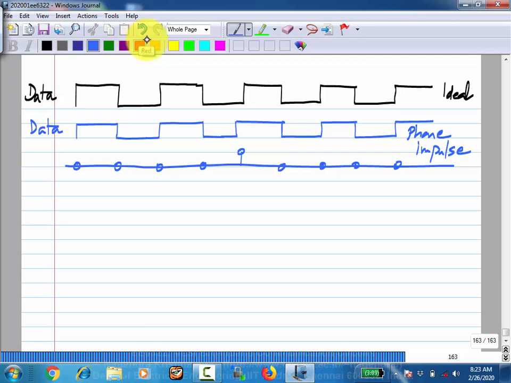So what will be a phase step? So you will start with the edges being aligned, and then this edge advances, and after that all the edges are advanced by the same amount.